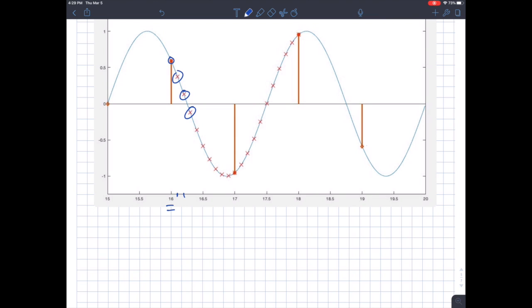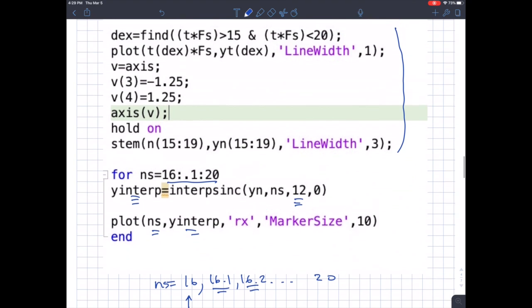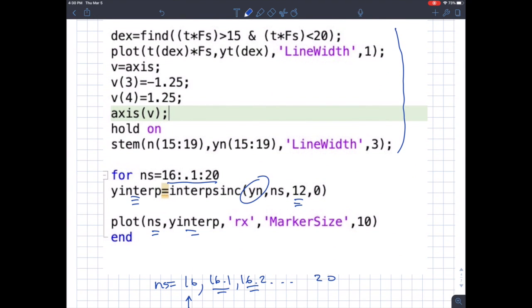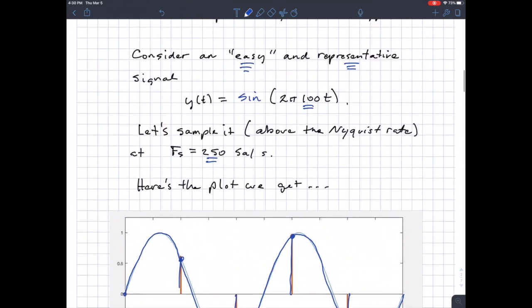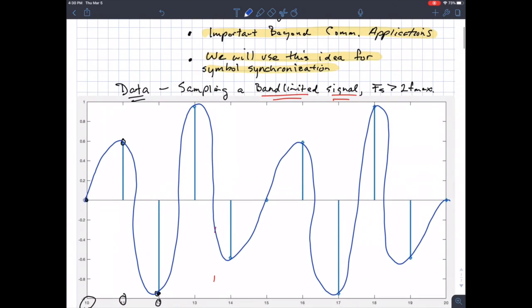You notice in here, we only used the samples. We never used the fact that we know what the underlying signal was in this particular case. Hopefully that will mean something to you. I find this to be a really interesting result and a little bit mind-boggling when you go back and look at the beginning where we asked, how would we put the smoothest curve possible through these data points?